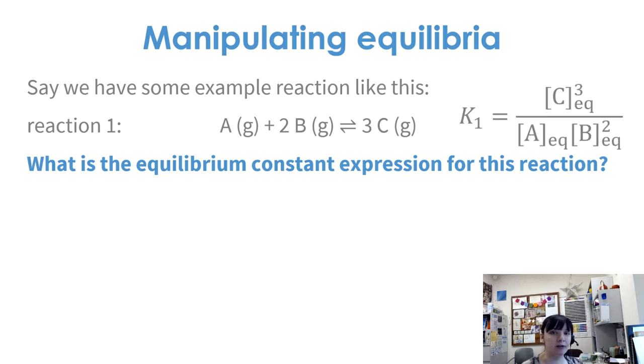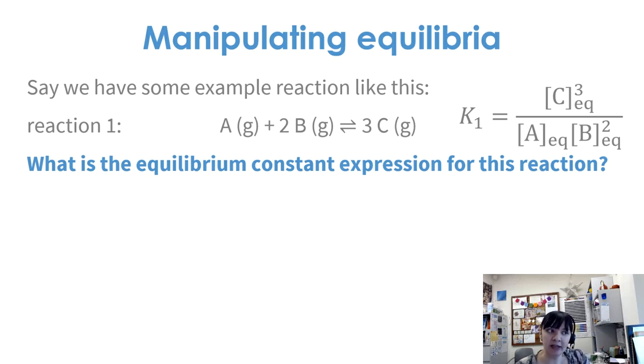So for this particular equilibrium, we would write K, the constant, equal to the concentration of C cubed, because the molar coefficient of C was 3, divided by the concentration of A and the concentration of B squared. In this expression, these specifically refer to the equilibrium concentrations. That's what the little EQ is referencing. But generally, we always have the products over reactants, each to the power of its molar coefficient.